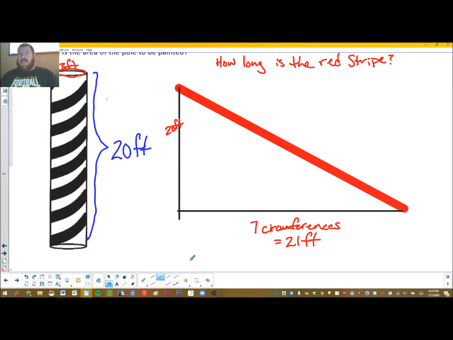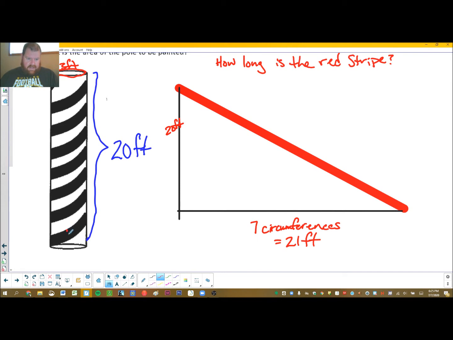I think it would be a really good extension if, let's say he wanted to paint the red stripe, could he paint it 2 feet wide? Could it be a 2 foot wide stripe and make it to the top? I mean, it should always make it to the top, but obviously there's some thickness of this stripe.